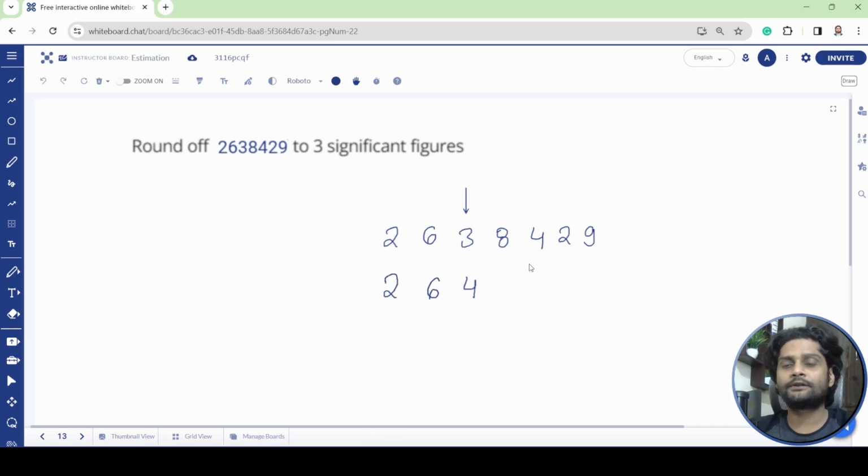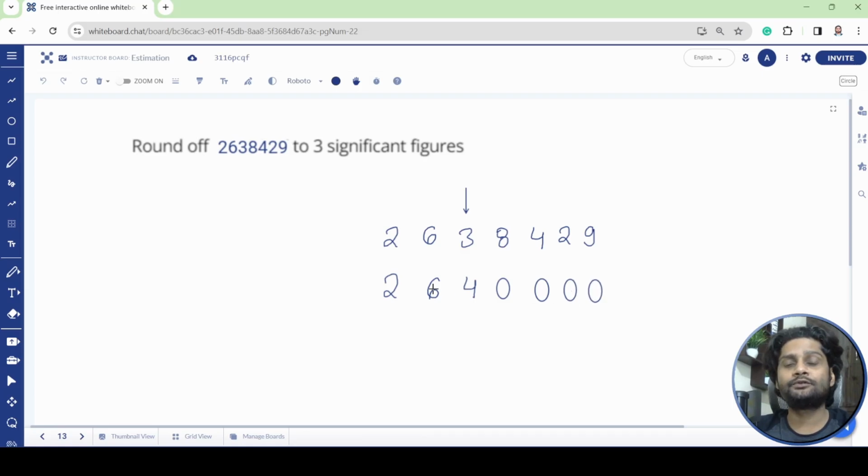But students, if you notice, if we only write 264, we cannot compare it with the original number because that's too small in comparison to the initial number. So to overcome that situation, we need to replace these numbers by 0, just like we used to do in roundings.